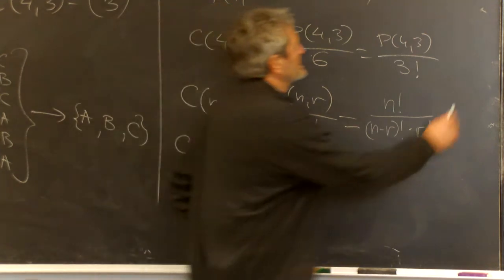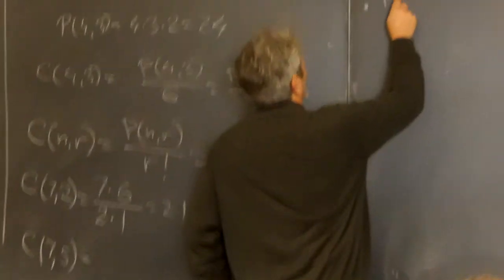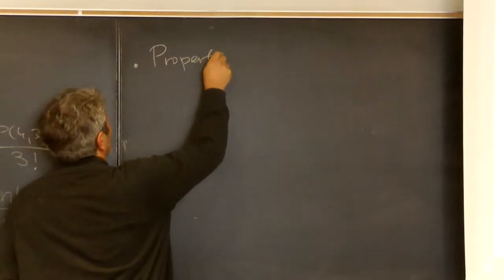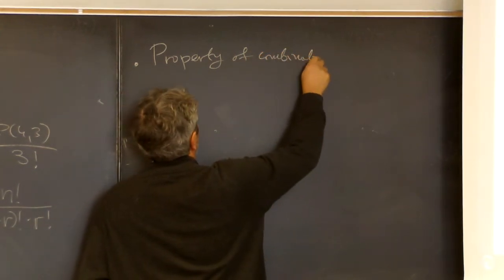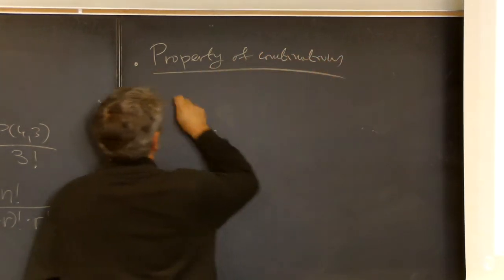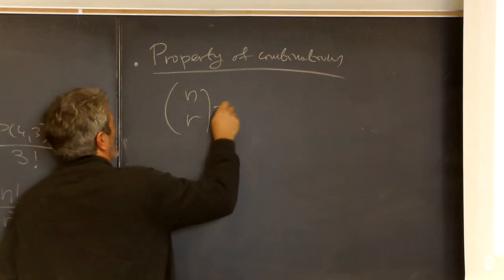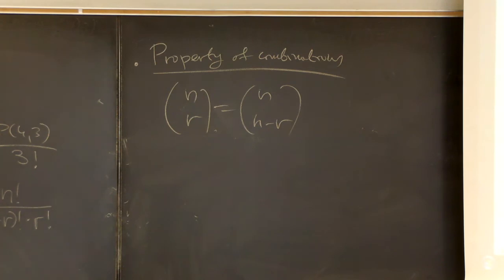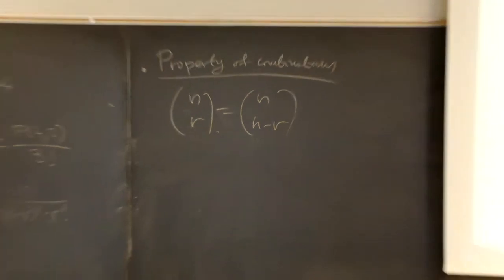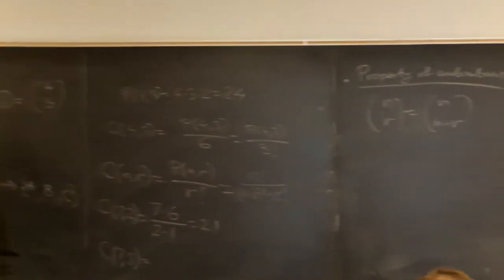Property. We'll talk more about properties of combinations. And that is, n choose r is the same as n choose n minus r. That's why I call them complementary. They add up to n, and then you can choose whichever one you like more.